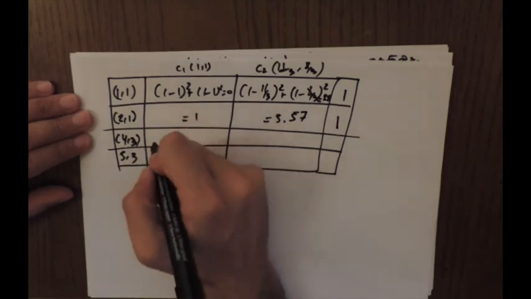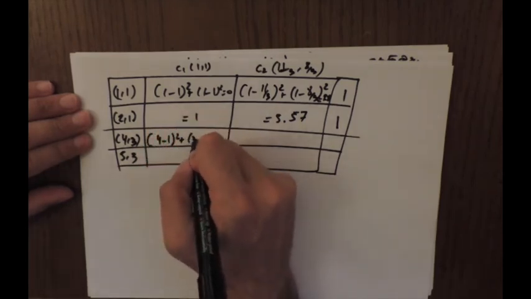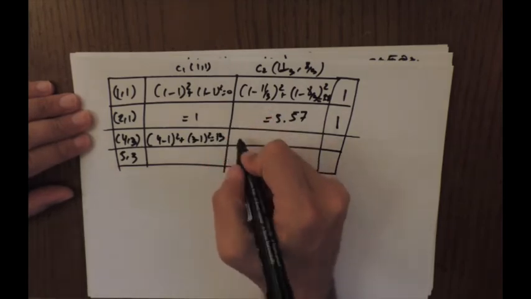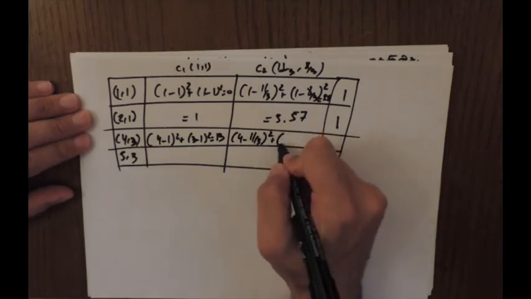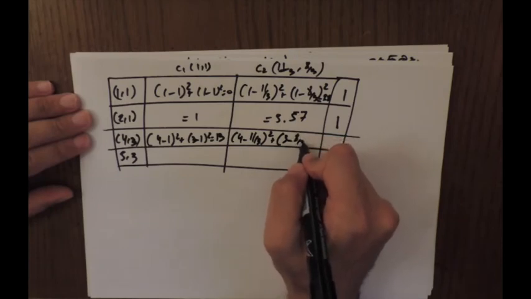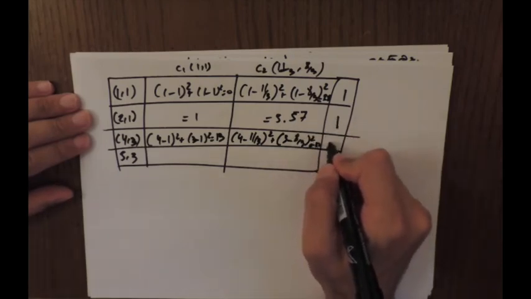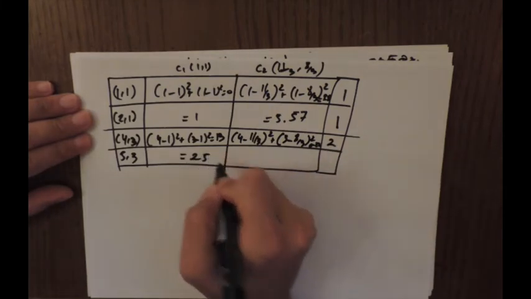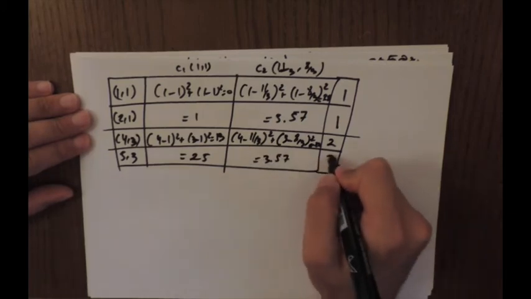So again we have (4 minus 1) squared plus (3 minus 1) squared is equal to 13, and here the new mean, (4 minus 11/3) squared plus (3 minus 8/3) squared, will be equal to 0.22. So I'm going to stay with 2, and here I'm not going to do it again. It's 25, and here is equal to 3.572.